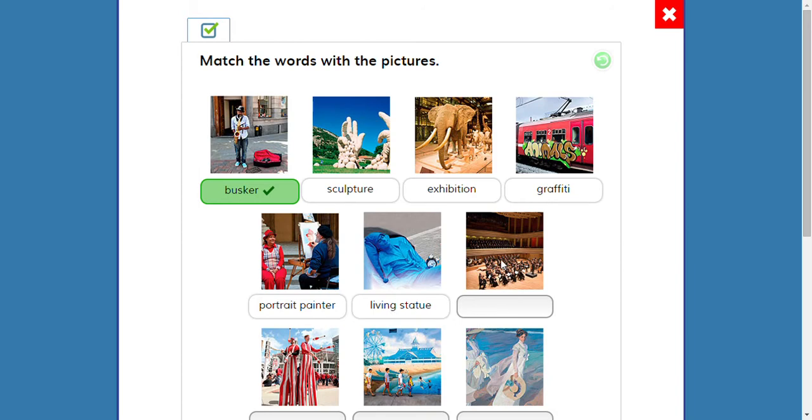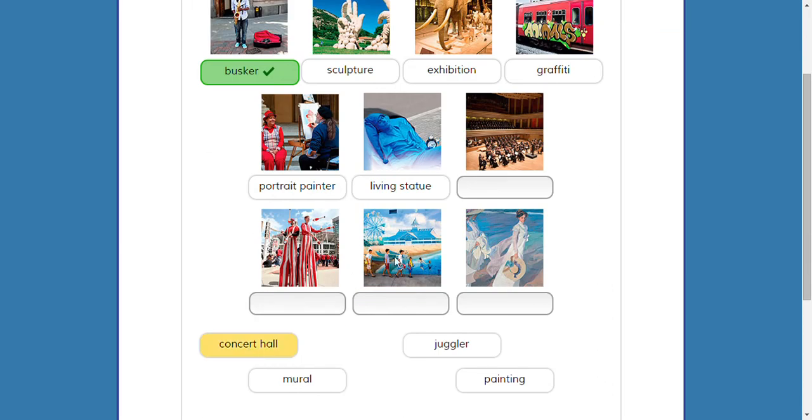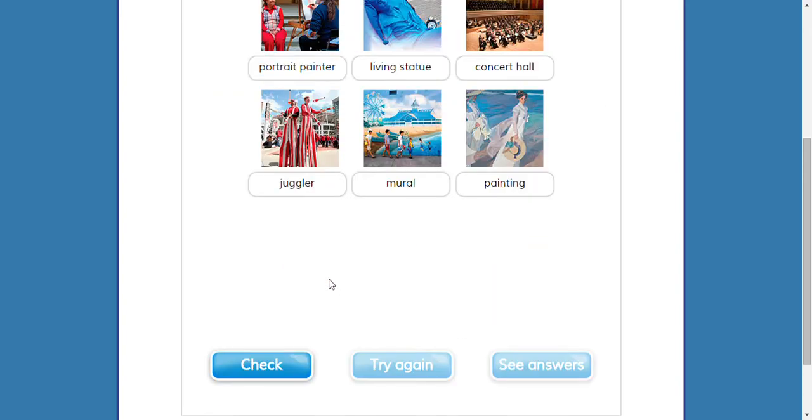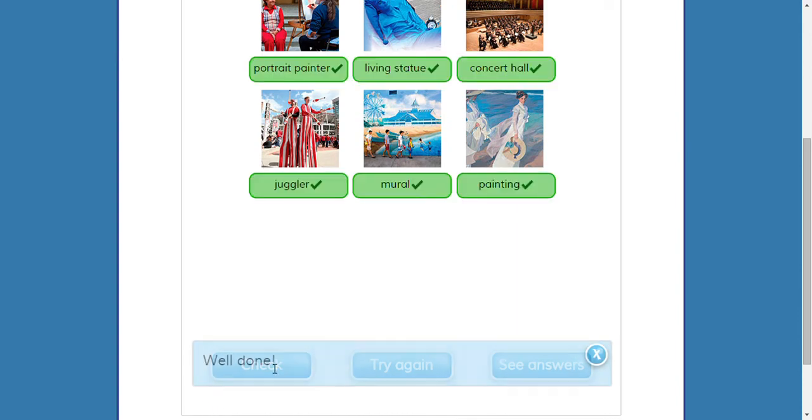This is like an orchestra playing in a special place, a concert hall. And here, juggler. Okay, mural and painting. Okay, I don't know. Let's see if the answers are right. Could be yes or could be no. 1, 2, 3.